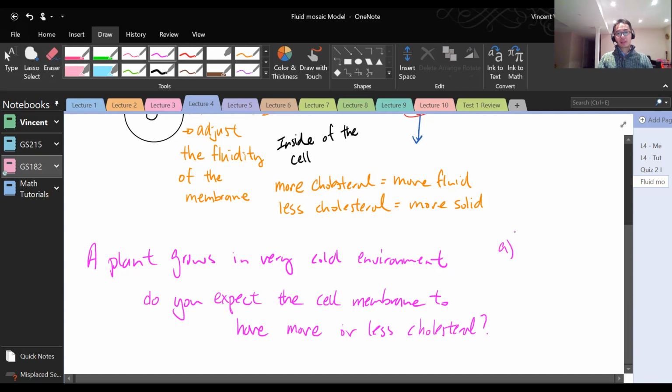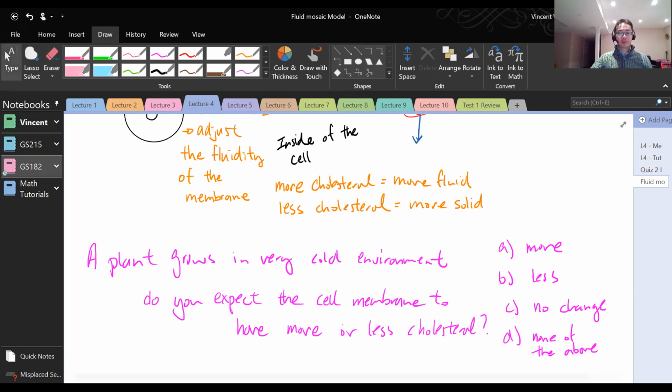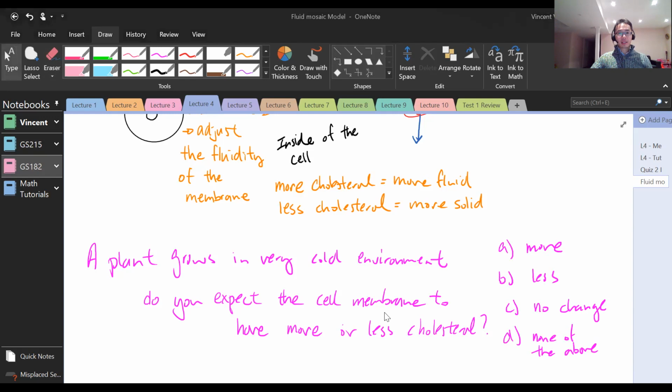Okay, so compared to a regular cell that is found in a regular environment. So more, less, or no change. Okay, let's throw in none of the above, as in not quite sure what the answer is. I'm going to start the poll, and you can tell me what you think.